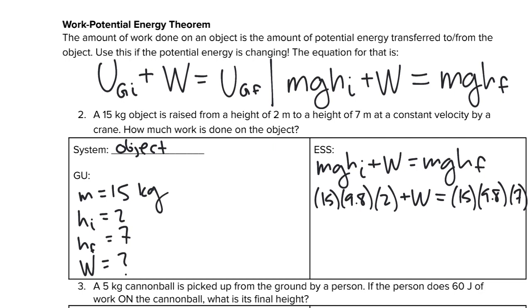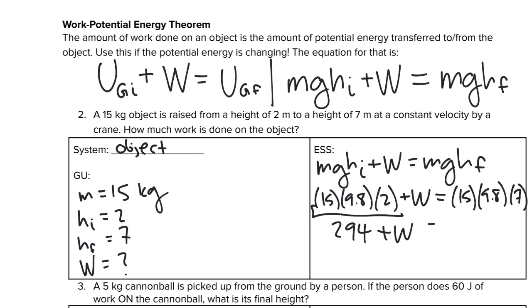The first step that you probably want to do is multiply all your numbers together that you can. So we're going to do 15 times 9.8 times 2. I'll give you guys a second to do that on your calculator really quickly because I know y'all are doing it. You got 15 times 9.8 times 2. That is 294. So your object started off with 294 joules of energy.